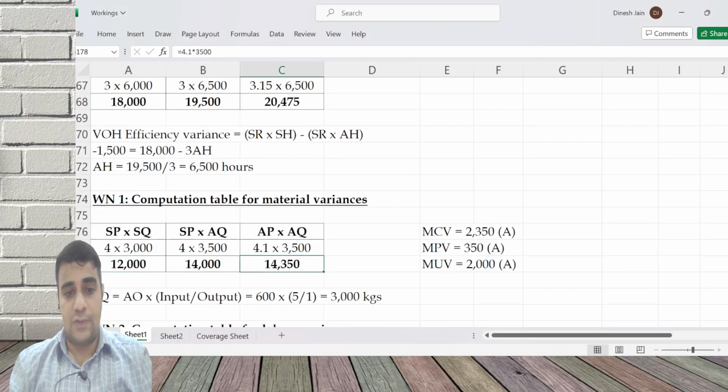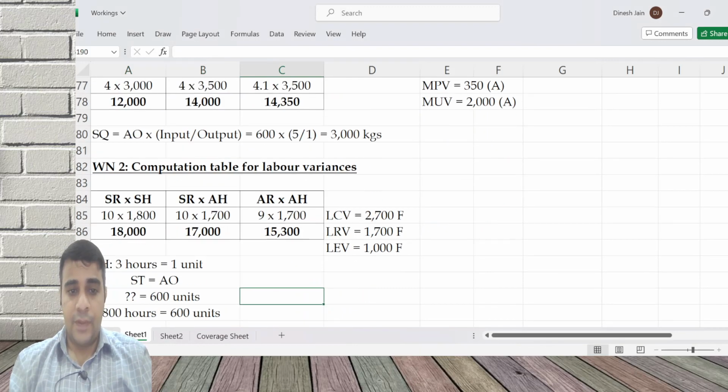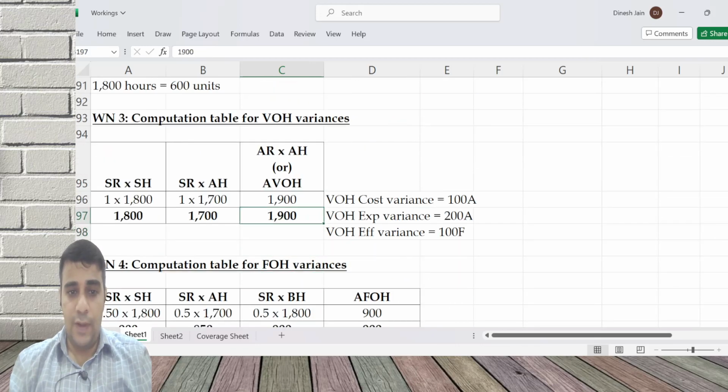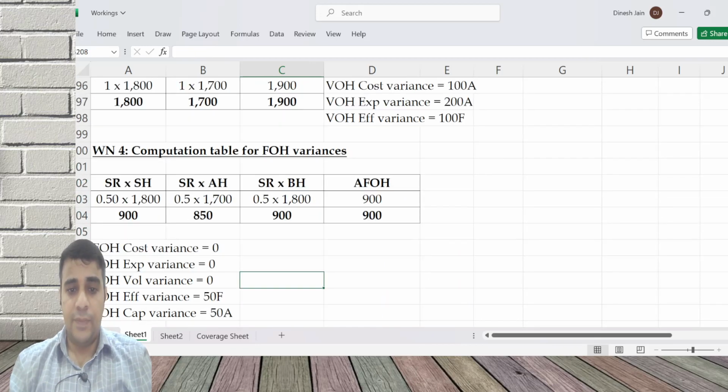Actual material cost is 14,350, actual labor cost is 15,300, actual variable overhead is 1,900, actual fixed overhead is 900.